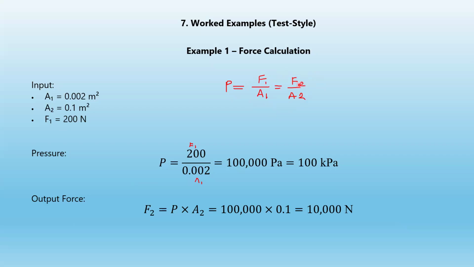We want to find out what this one is, so we multiply diagonally and divide by what's left that we haven't touched yet. So F2 equals F1 times A2 divided by A1.